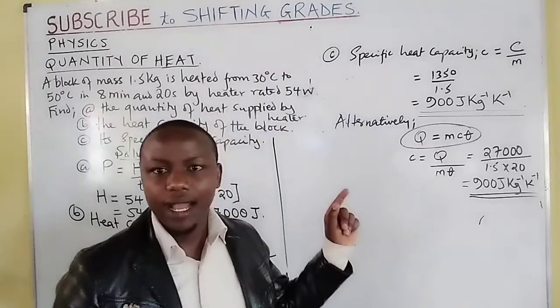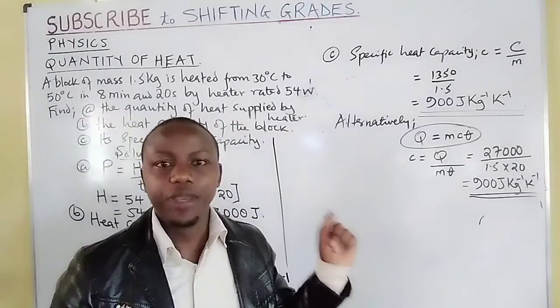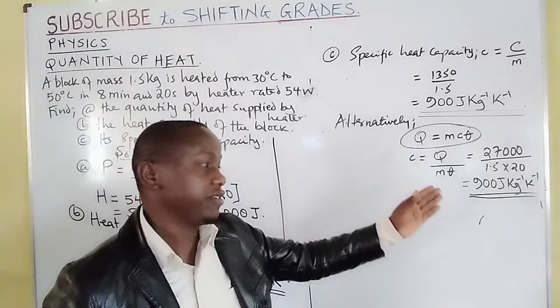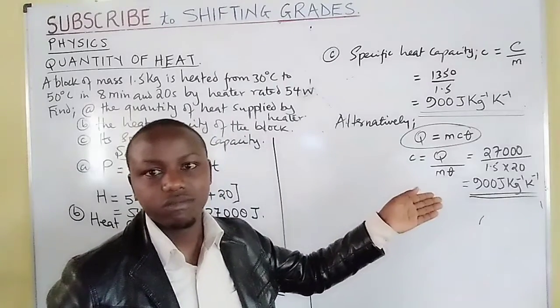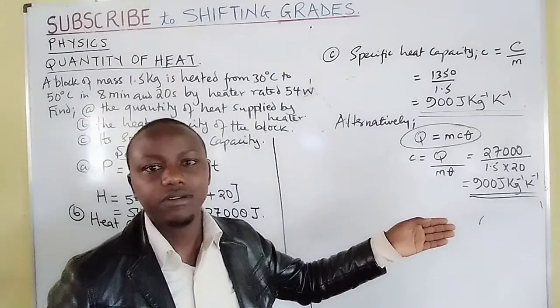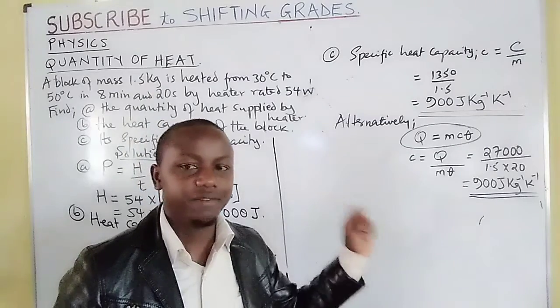The major concept in this topic, before we go into details: we've just calculated the specific heat capacity, the quantity of heat, the heat capacity itself. We will now be going to experiments which will show us how to determine specific heat capacity.